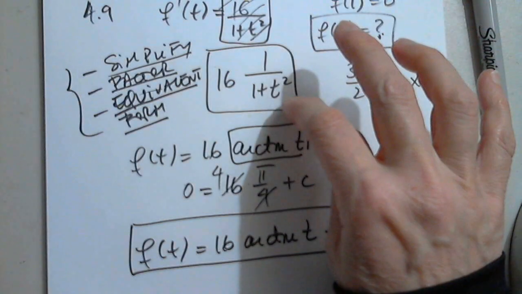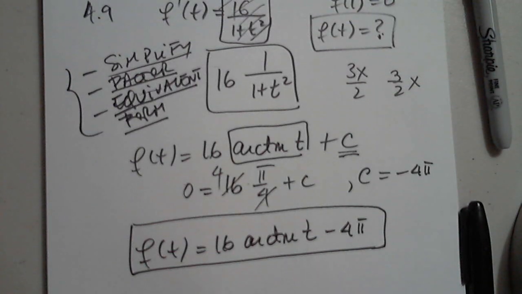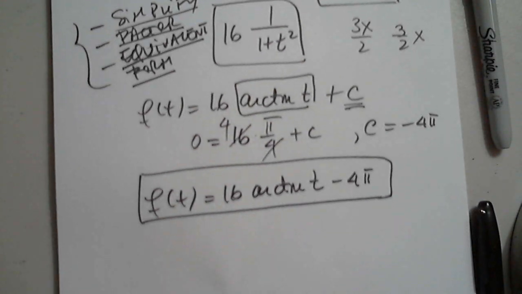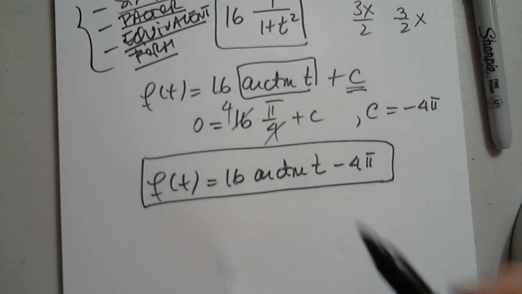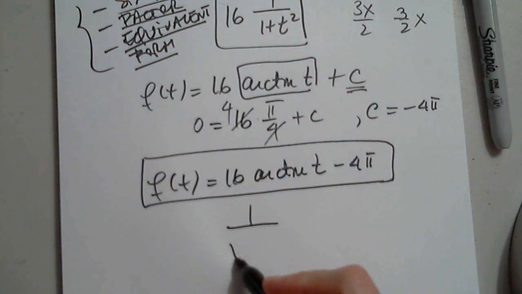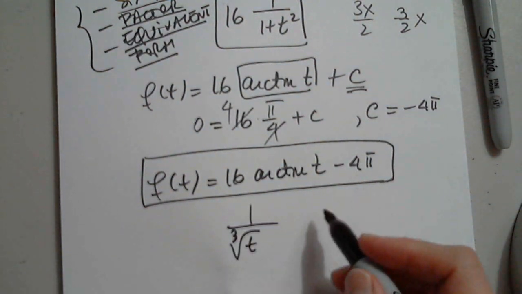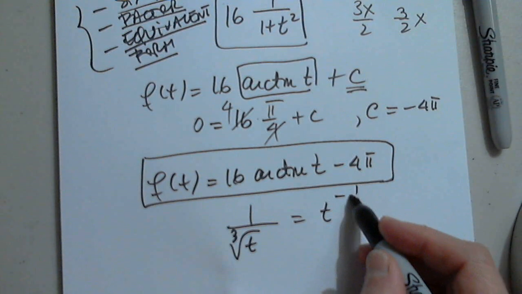So please do not ever try to do anything to the denominator if it has 2 terms or more. It will be a waste of time. Now, not to confuse this with this. For example, if you have the cube root of t, yes, of course, I would write t to negative 1/3.